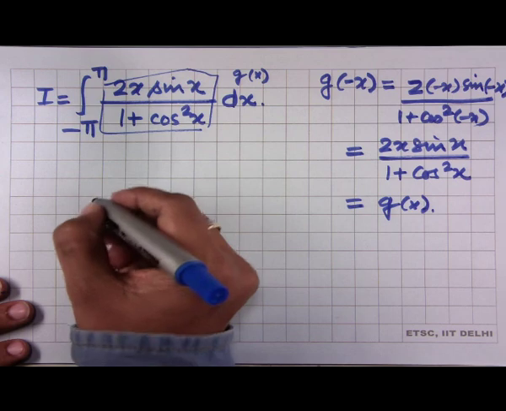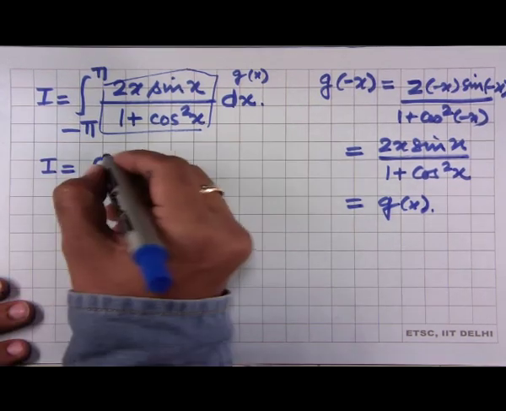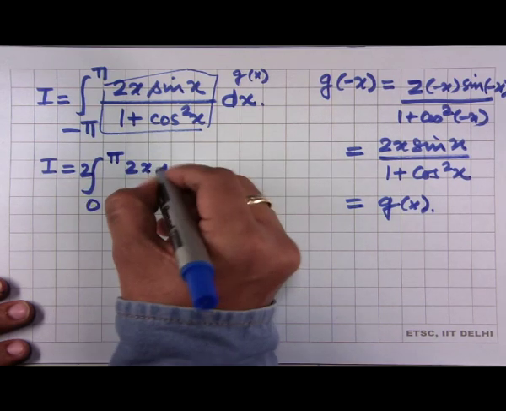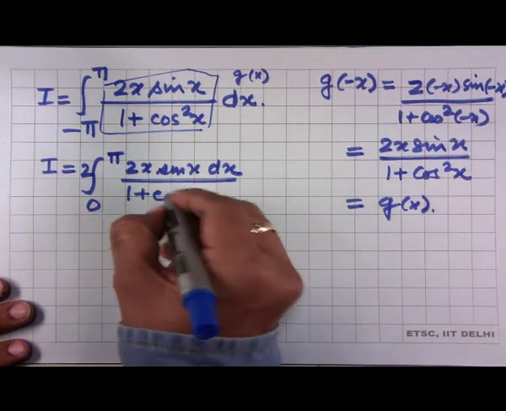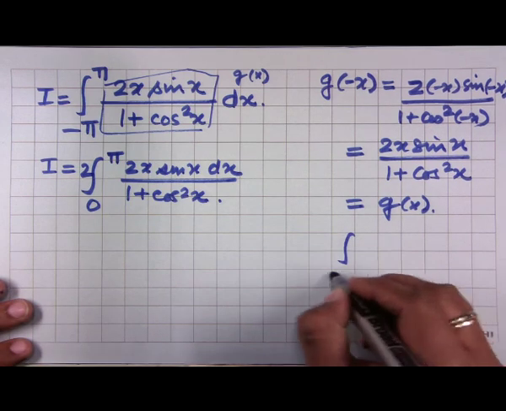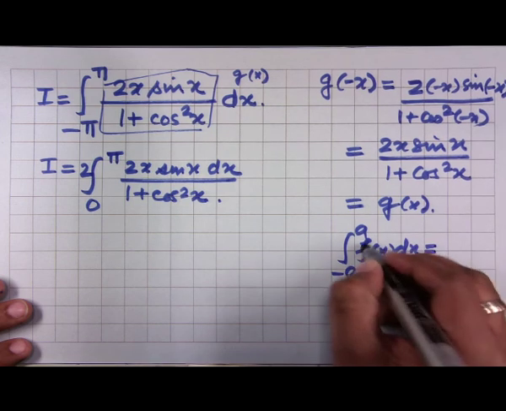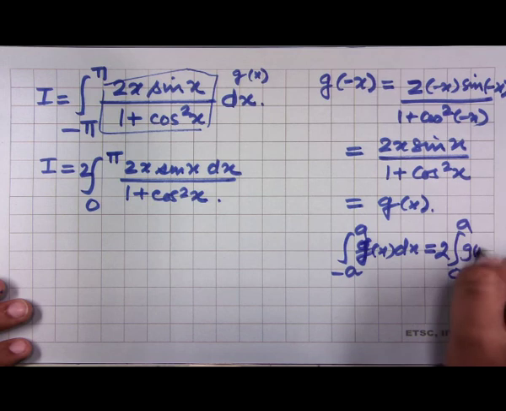Therefore, I will be equal to twice of the integral from 0 to pi of 2x sin x dx by 1 plus cos square x. So we are using this property that the integral of gx dx can be written as twice of the integral from 0 to a of gx dx.